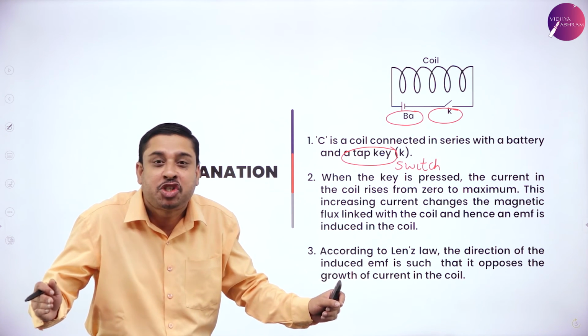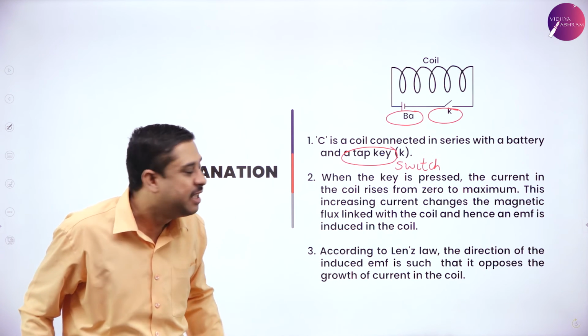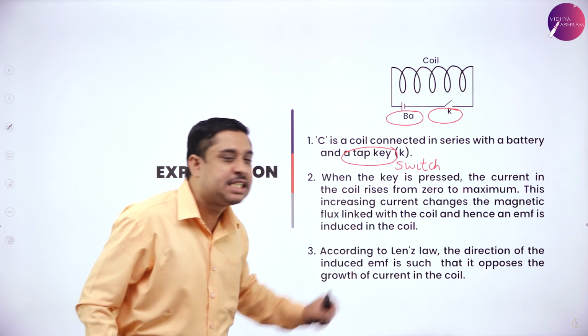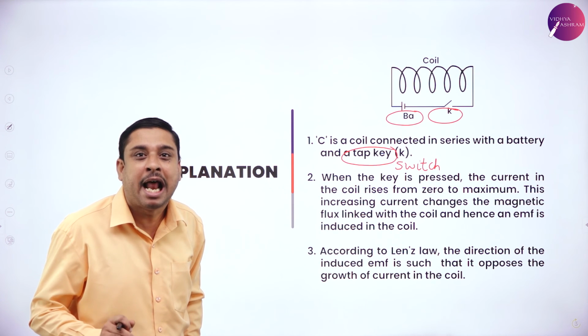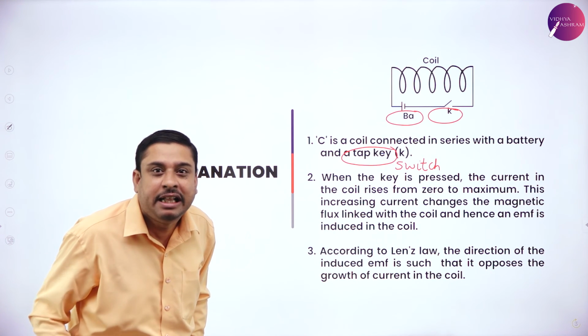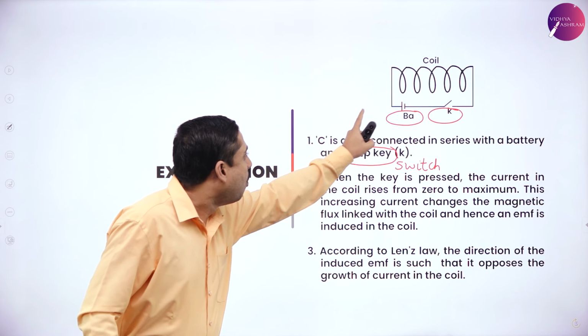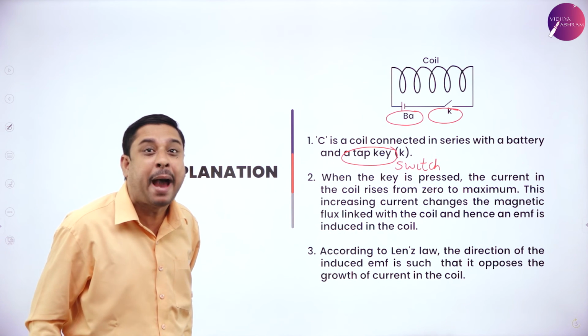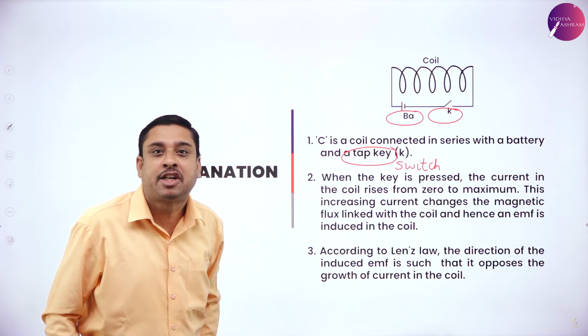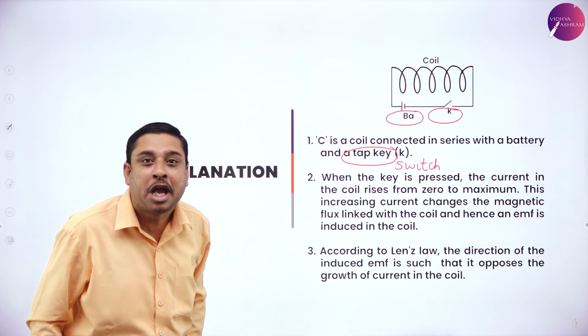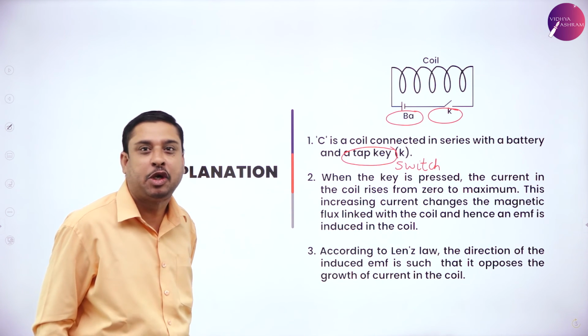What is the function of the tap key? It works as a switch, allow or block current in the coil. What is the function of the battery? It will actually apply voltage in the circuit.